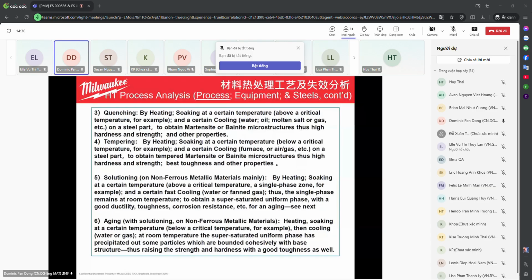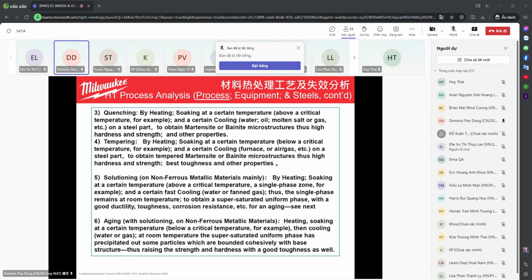Ductility means the ability of the part to resist or survive mechanical deformation, falling, or quick impact loadings. So tempering is very important.